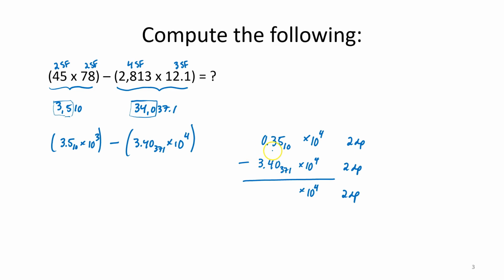I am typing 0.3510 minus 3.40371. Again, I'm including these insignificant digits in my calculations because I don't want to introduce any rounding errors. And I got negative 3.05 with an insignificant 271, which I would round as negative 3.05 times 10 to the fourth.